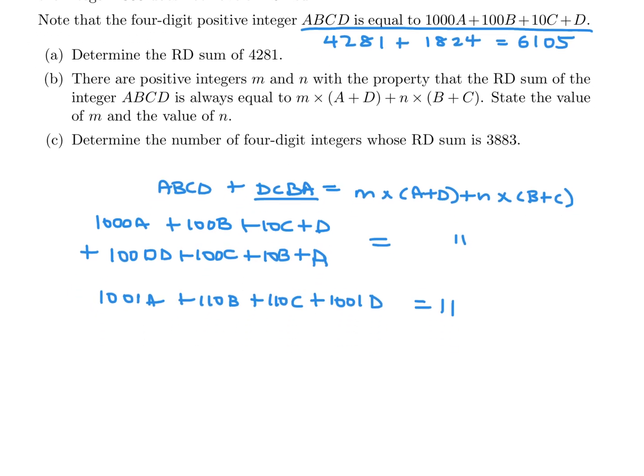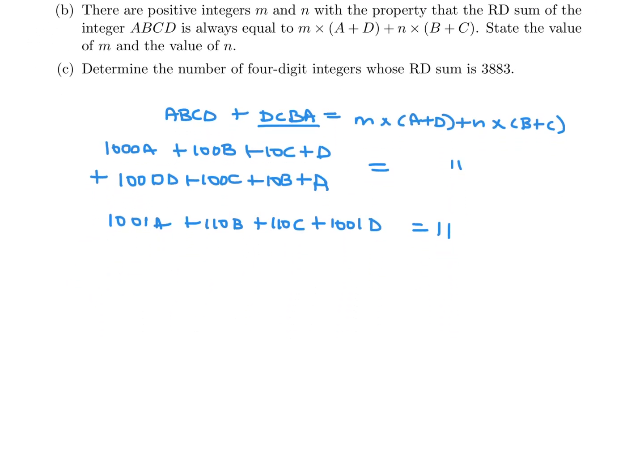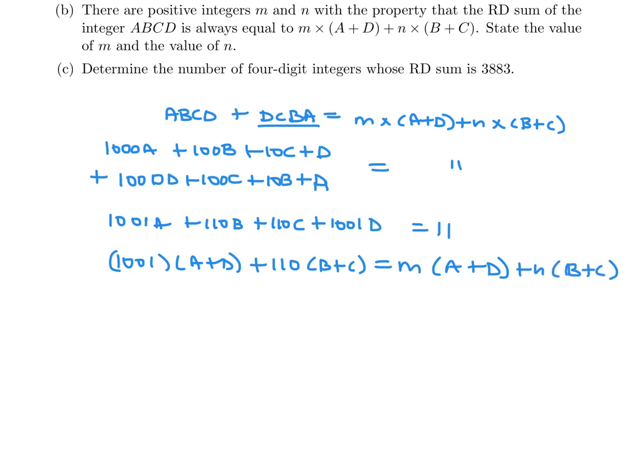And now we can factor 1001 times A plus D and then 110 times B plus C. Yeah. And then now let's place that back: m times A plus D and n times B plus C. Now if you compare both sides, I think you can clearly see that m is equal to 1001 and that n is equal to 110.